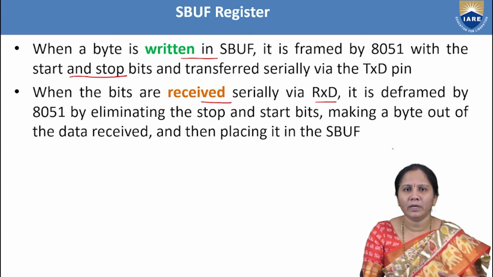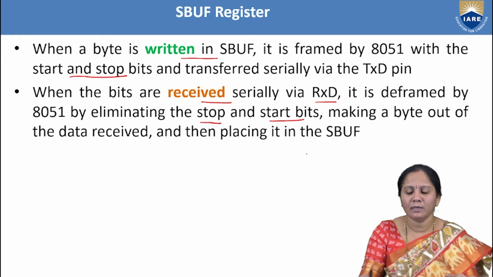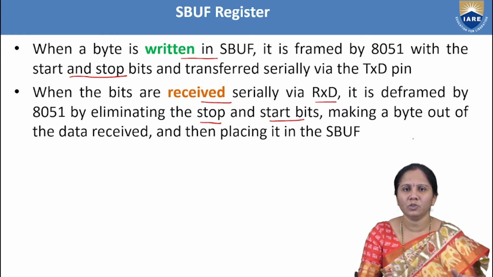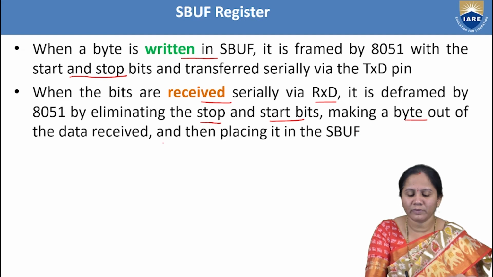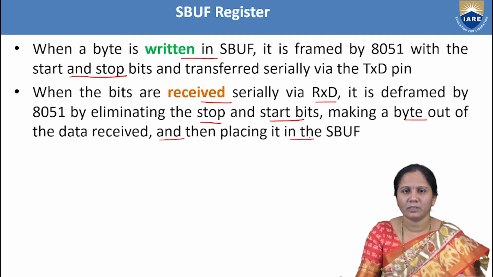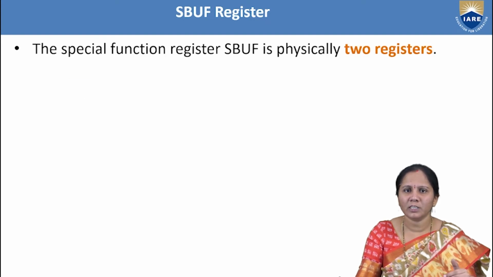But before storing the data, the start bit and stop bit have to be deframed. That is, we remove the start and stop bits, make a byte out of the data received, and then store it in the SBUF register.